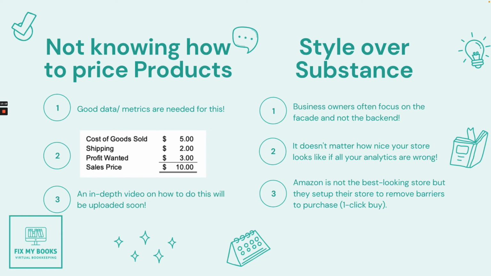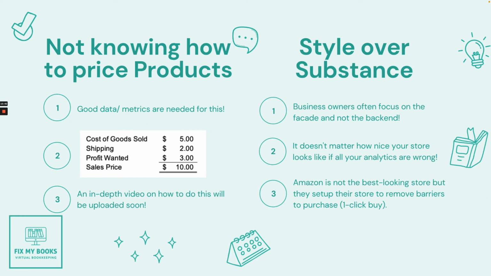An example of this is Amazon. Amazon is not the best looking store, right? Easily, it's not. I could probably find 1,000 stores online that look better than Amazon. But they set up their website correctly, their store correctly, to remove barriers to purchase. Look at the one-click buy.